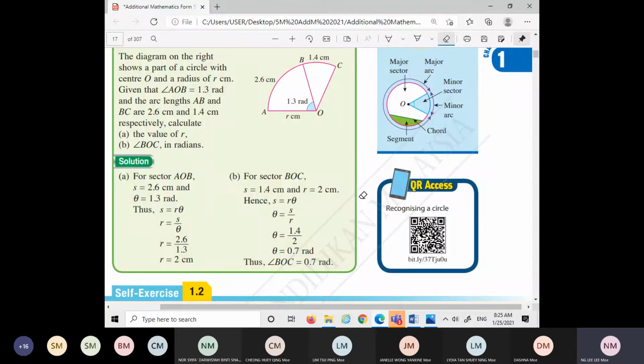Okay, one thing I want to mention about this chapter, you can see a few formula in this chapter, but please bear in mind, none of the formula will be given in the formula list for this chapter. Okay, I repeat, none of the formula from this chapter will be given in the formula list.